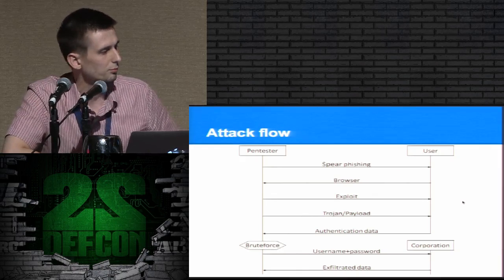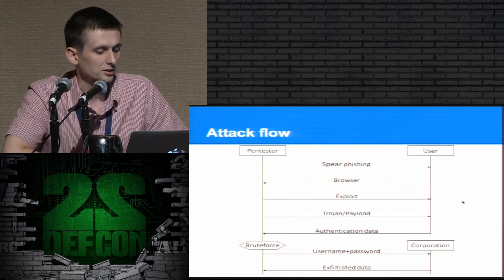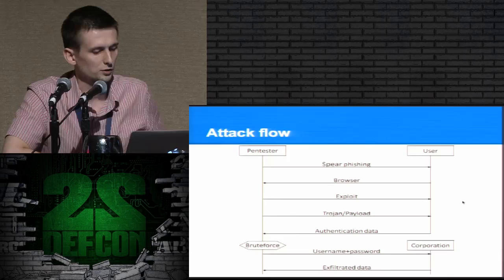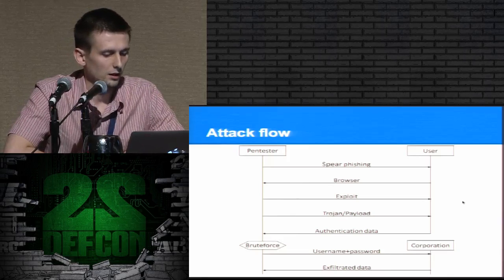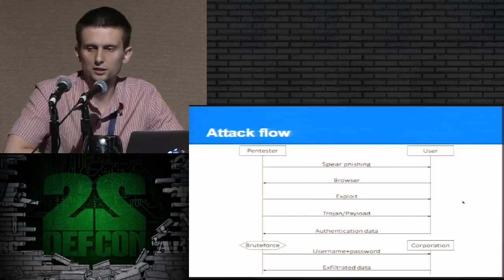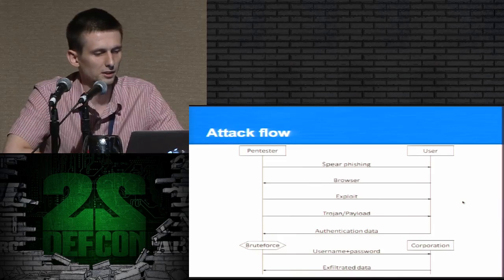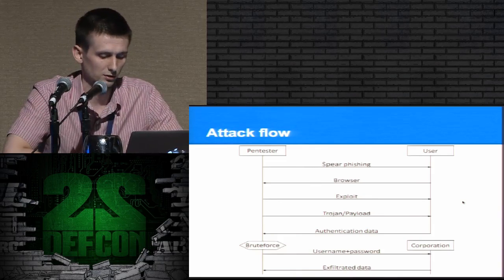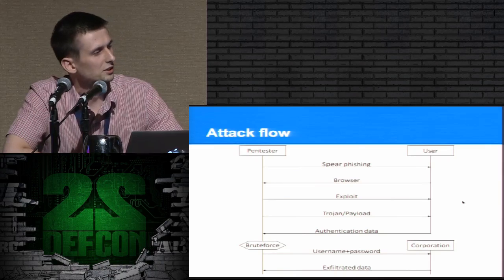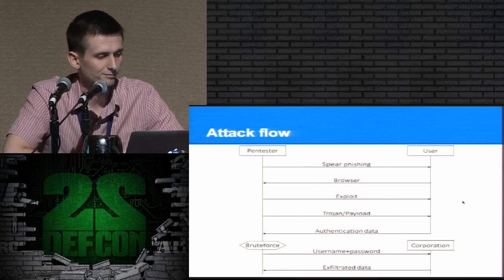The pen tester will brute force it and extract the username and password of a user. After that, he will use that to connect to any corporate resources and exfiltrate the data, which means that the penetration test was successful.